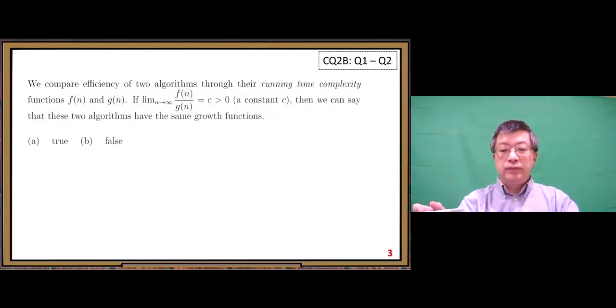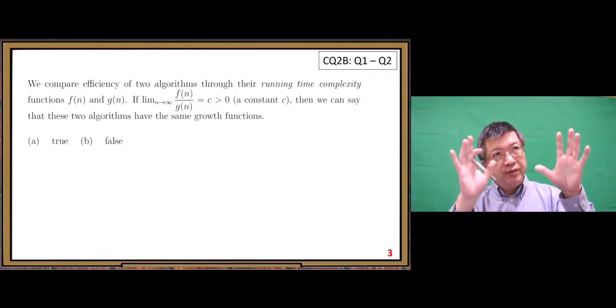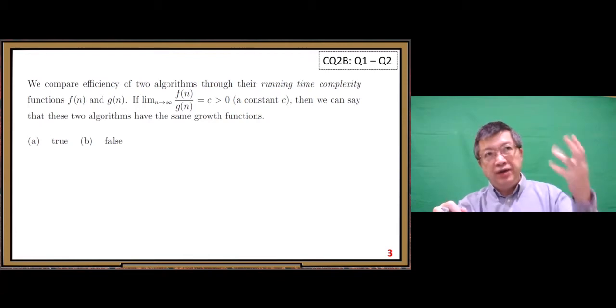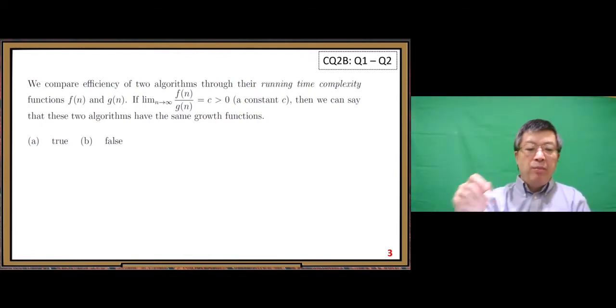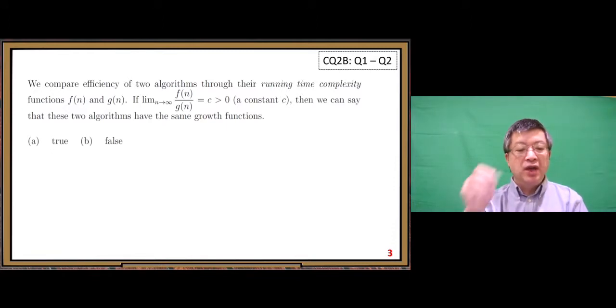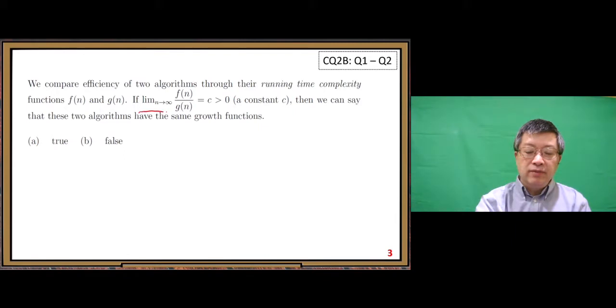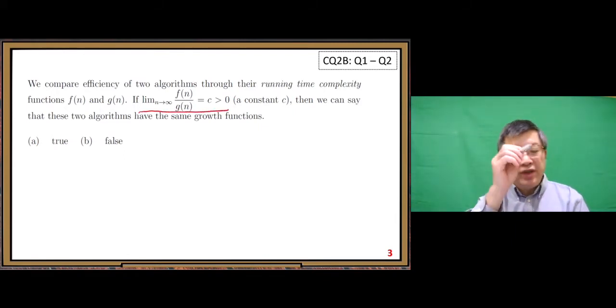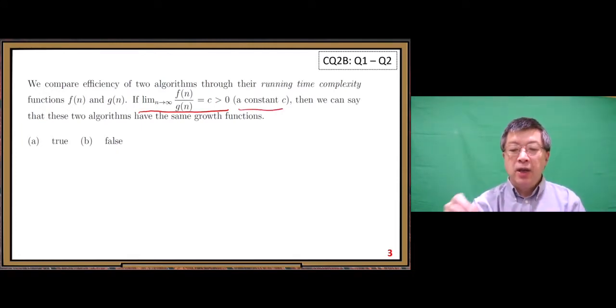Next one, 2 questions. The 2 questions are closely related, so I want to put them together. I hope you can understand the reason behind it. We compare efficiency of 2 algorithms through their running time complexity functions, f of n and g of n. We know the limit of the ratio of these 2 functions equals a positive number, c, a constant.